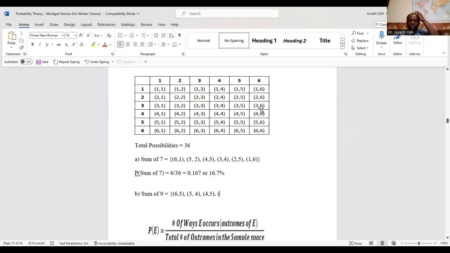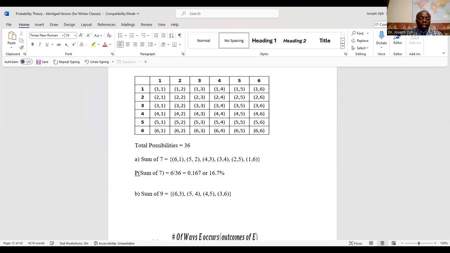Then 3, 6. So there are 4 of them that give us a sum of 9, which means that the probability of getting a sum of 9 equals 4 out of 36 possibilities. 4 over 36.